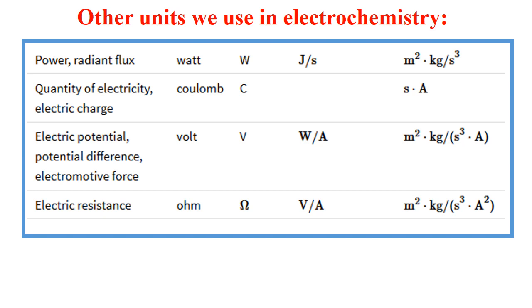Other units that we are using in electrochemistry are the usual unit of power, watt, which is joule, a unit of energy, per second. Another is quantity of electricity, coulomb, which is current in amps multiplied by seconds.